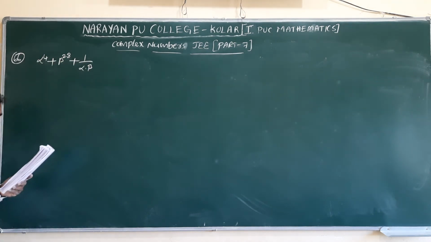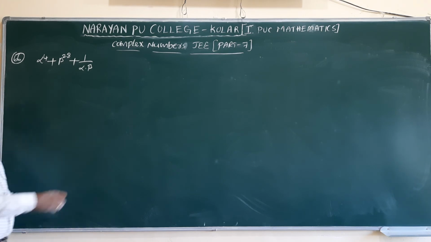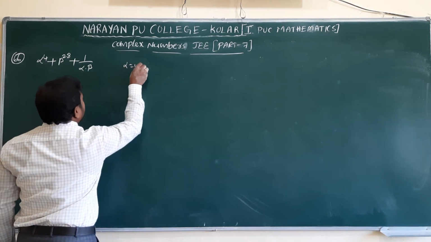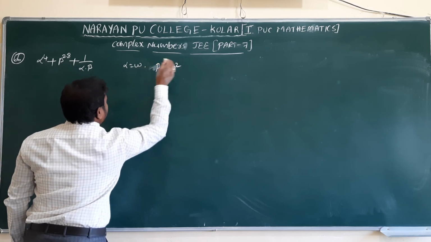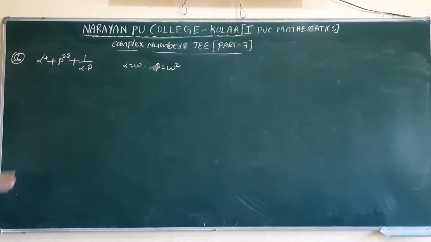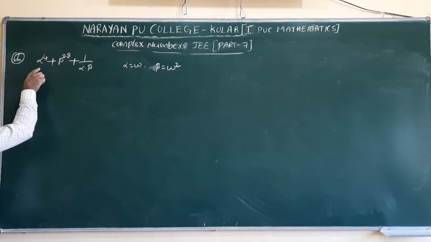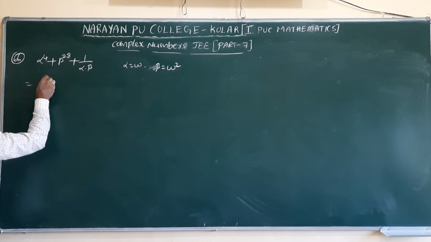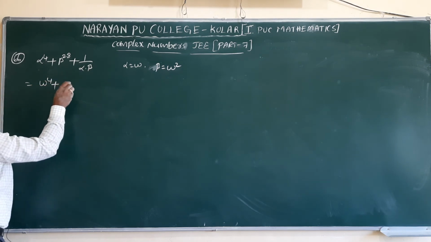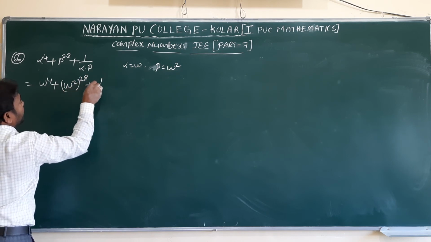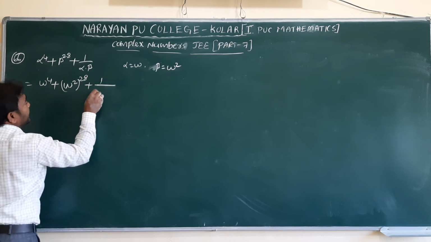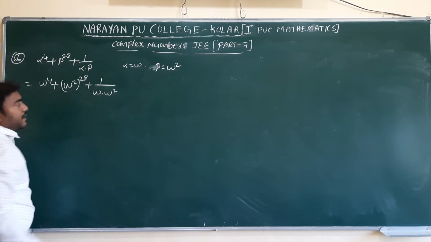Clearly they have given that alpha and beta are the imaginary cube roots, so I have taken alpha is equal to omega and beta is equal to omega square. Here we want alpha power 4, so alpha power 4 plus beta power 28, that is omega power 4 plus (omega square) power 28 plus 1 divided by omega into omega square.